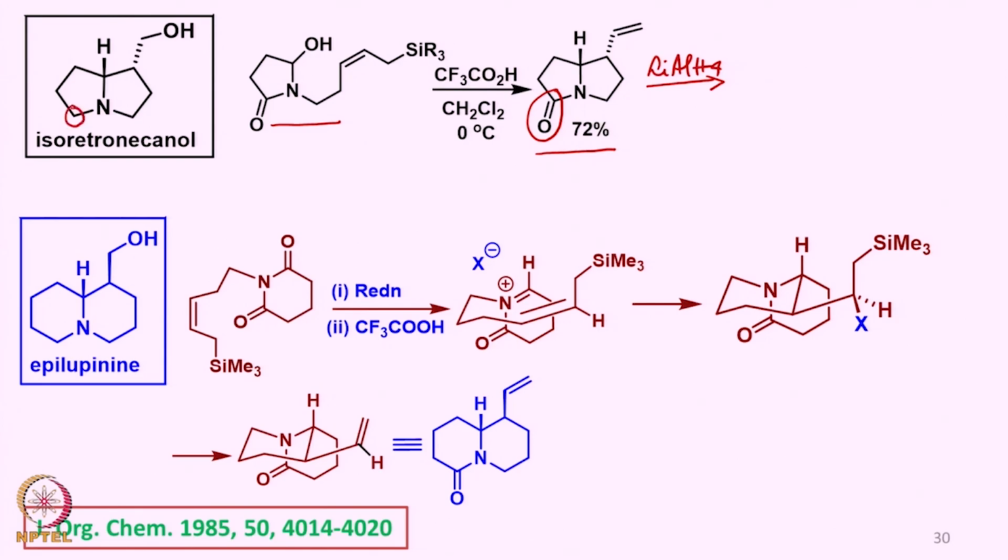Now in a similar fashion, if we take a 6-membered ring like this, and the possibility of reduction of one of the 2 carbonyl groups, it is symmetrical, and therefore once the reduction of one of them takes place, then we can generate in a similar fashion as we did in the earlier case.